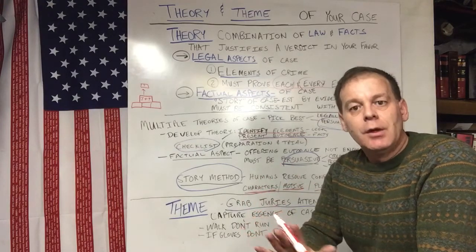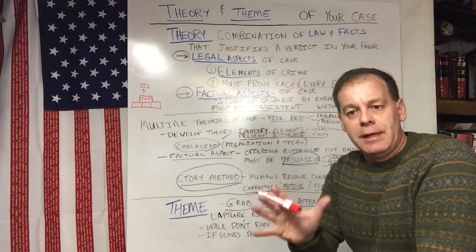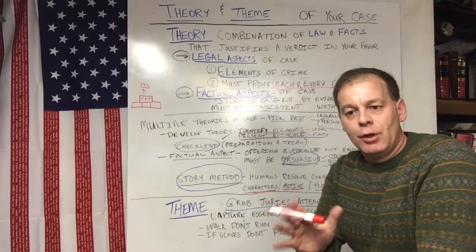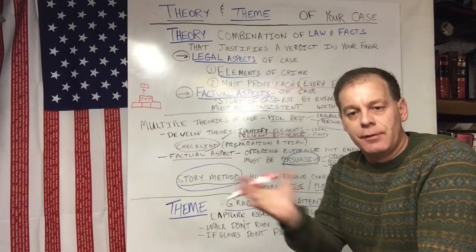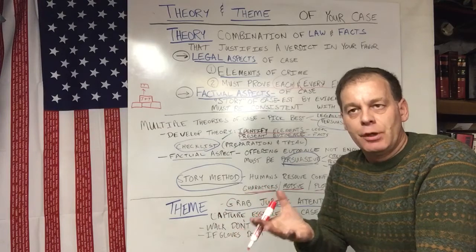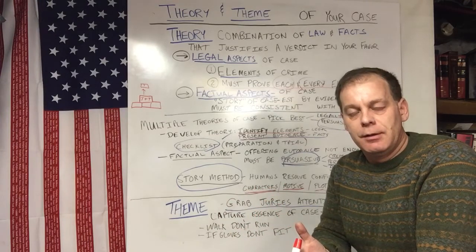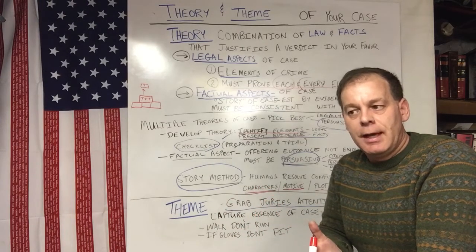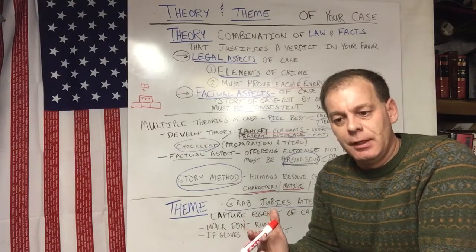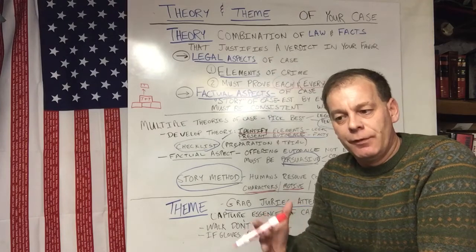One of the most famous themes in the history of our legal system is from the O.J. Simpson case, and your parents can tell you all about what the O.J. Simpson case was about. But in that case, during a closing argument, the prosecution had a theme throughout their case, and that was that obviously the defendant was guilty of the crime.